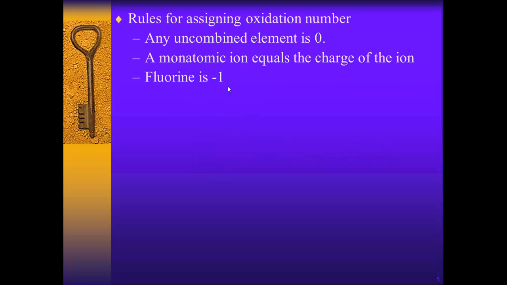Okay, we've got two rules coming up, so let's look at both of them. The second rule: a monatomic ion has an oxidation number equal to the charge of the ion.